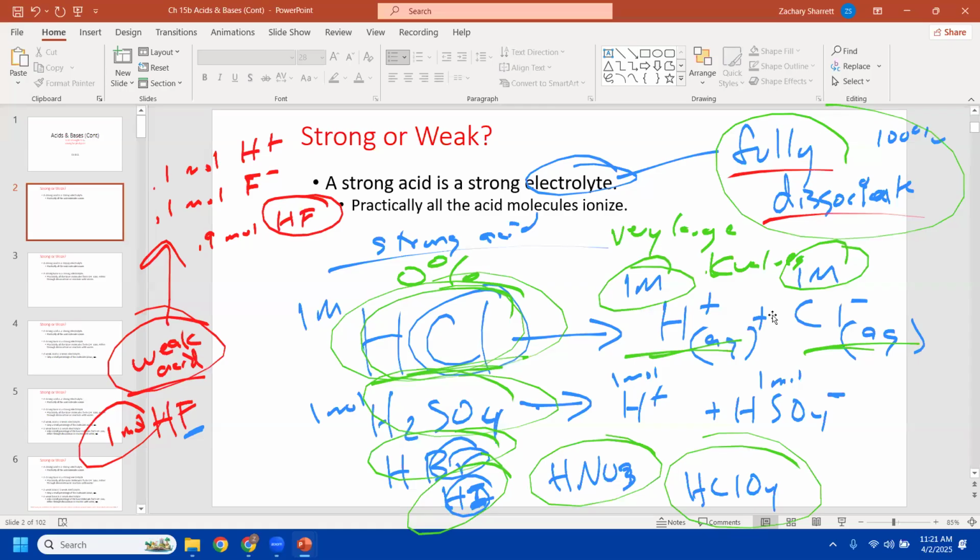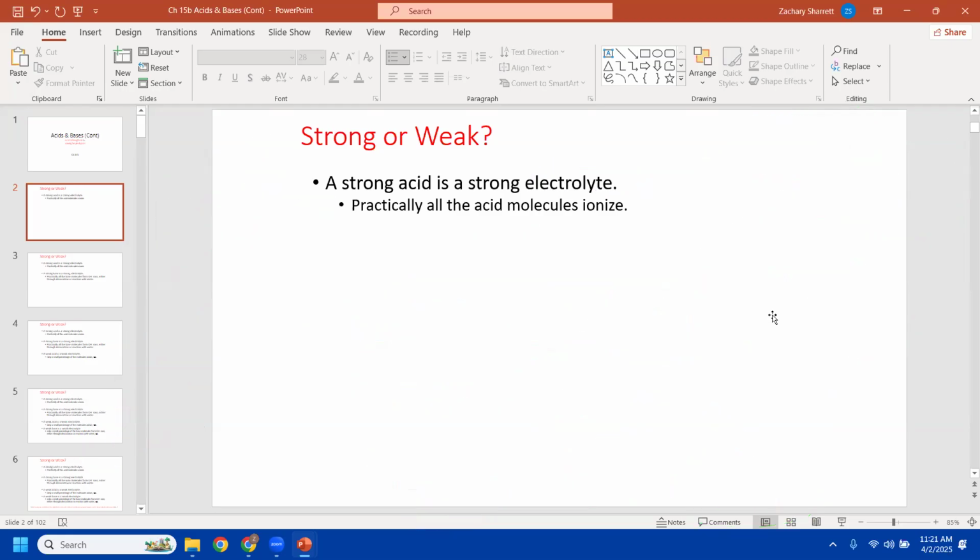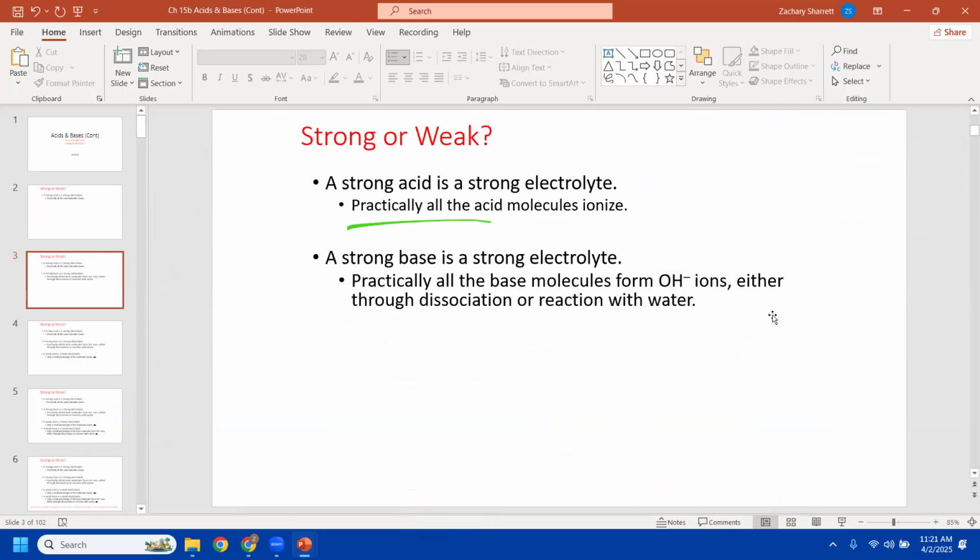Did any of these be called acetic acid? So what does that mean? That means it's weak. If I tell you phosphoric acid, strong or weak, what do you say, Bronson? Why? Because it's not as strong. So you don't have to memorize every weak acid in the world. You just memorize the 6 strong acids and you know everything else is weak. Does that make sense?